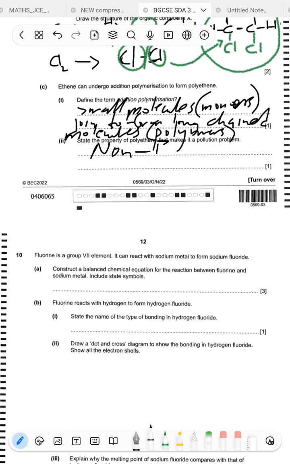Okay, non-biodegradable. The question is, what does that mean? It simply means that this group of compounds cannot be microbially broken down into simpler molecules, so they remain like that for a very long time.